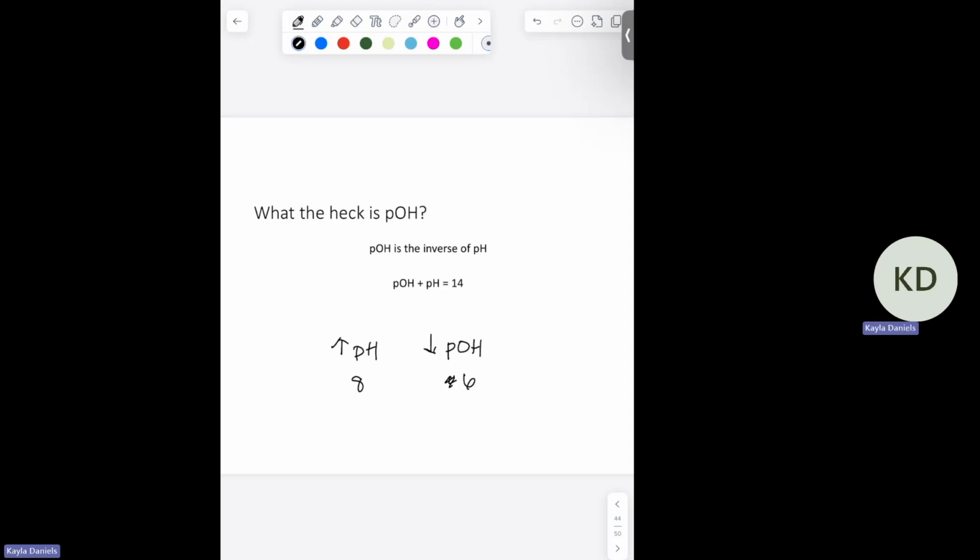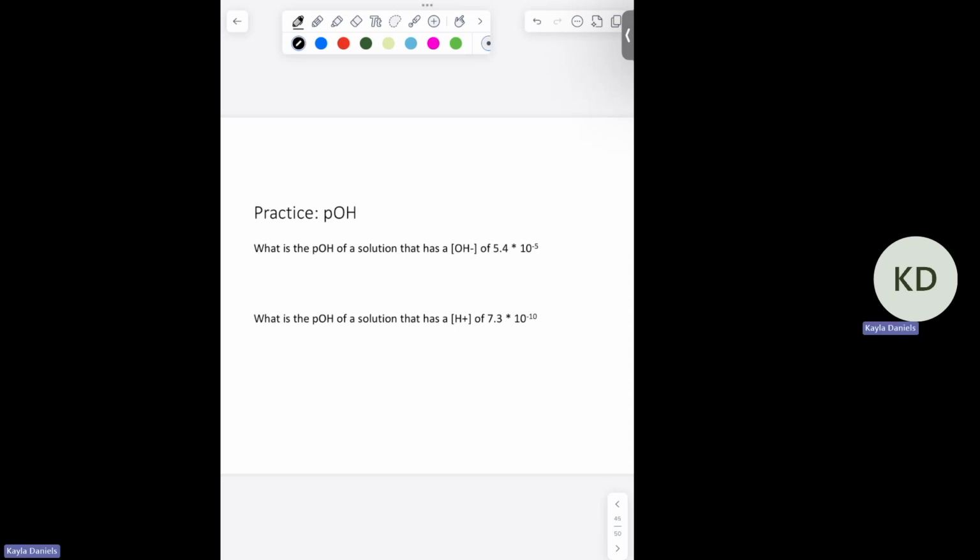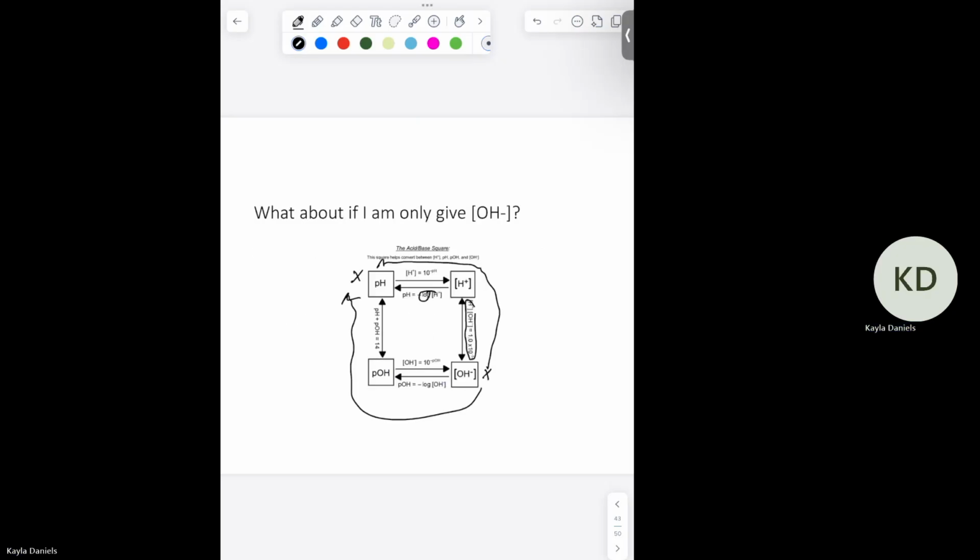All right. So I have 2 practice problems on the next one. All right, so what is the pOH of a solution that has 5.4 times 10 to the negative 5? I should put molar on here because that's technically the unit. All right, so if I go back to my pH square, we're going from OH to just pOH.